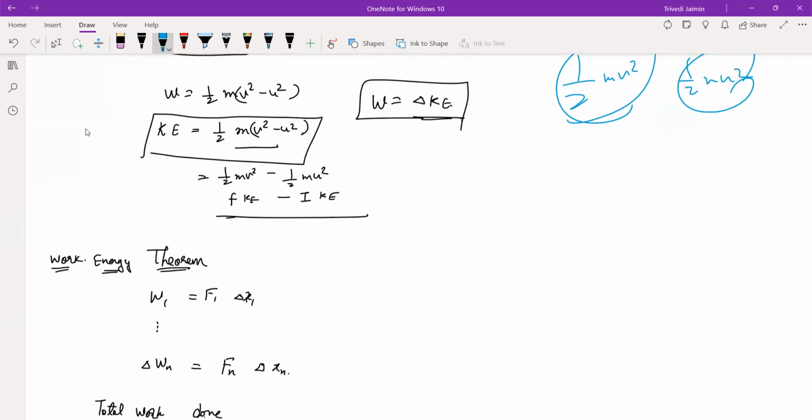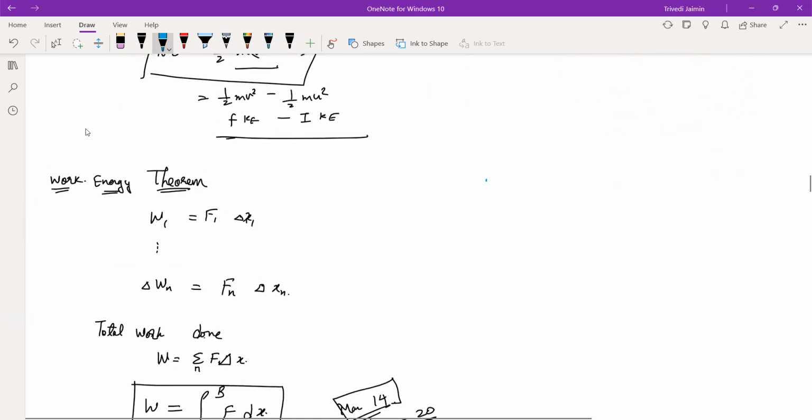So let's work on moving one particle. W1 is the work done on the first particle, then the work done on the second particle, like that, up to the work done on the nth particle. In the same way, force applied on the first particle till the nth particle, and displacement x for the first particle till the nth particle. So all these are work done.